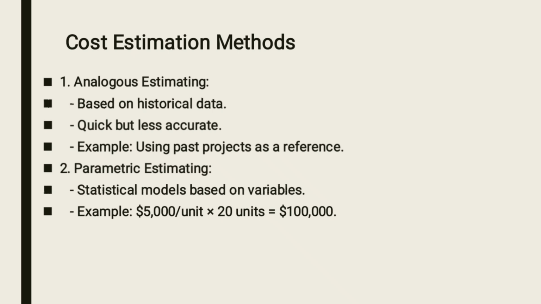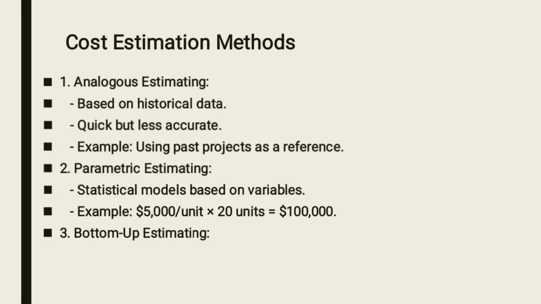Each unit costs $5,000, but you want to build 20 units. If one unit will cost $5,000, what about 20 units? It will simply be 5,000 times 20, which gives you $100,000.